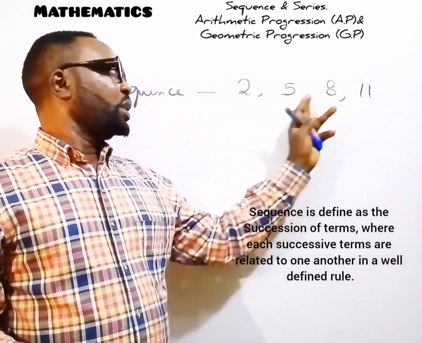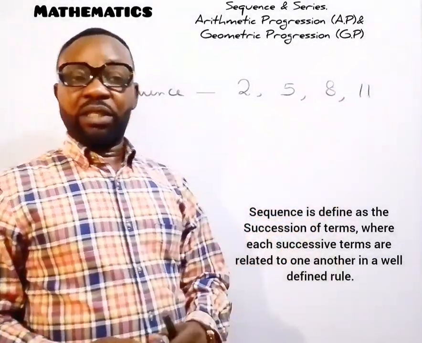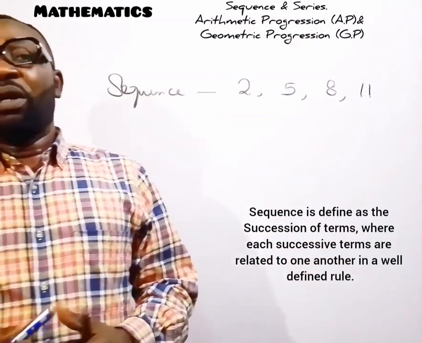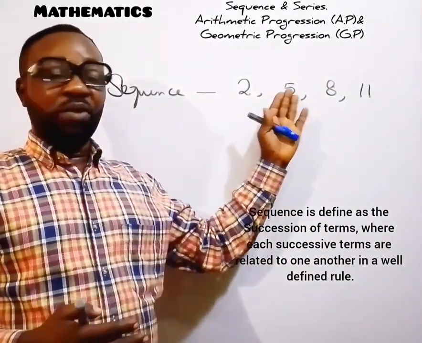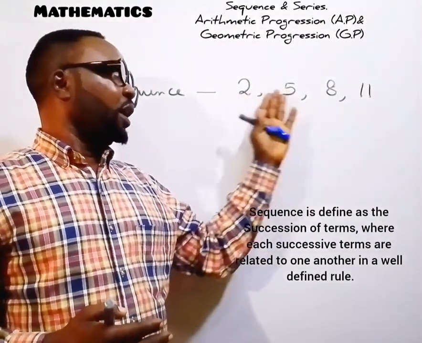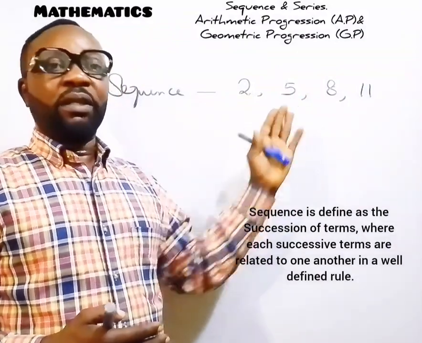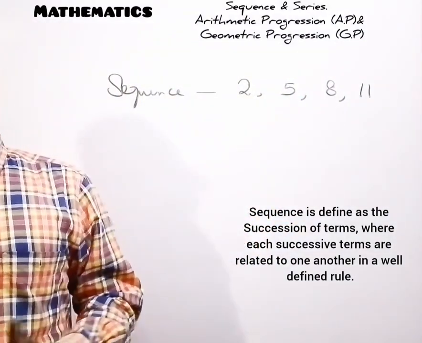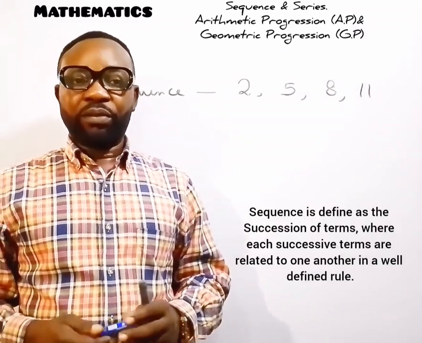The difference between 8 and 5 is 3, while the difference between 11 and 8 is also 3. So there is a difference between the successive terms. 5 succeeds 2, 8 succeeds 5. The difference between them is well defined.